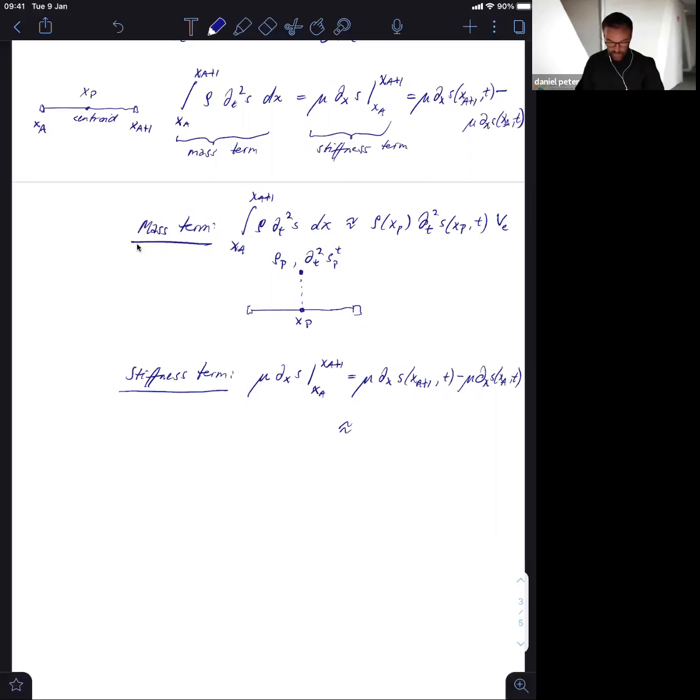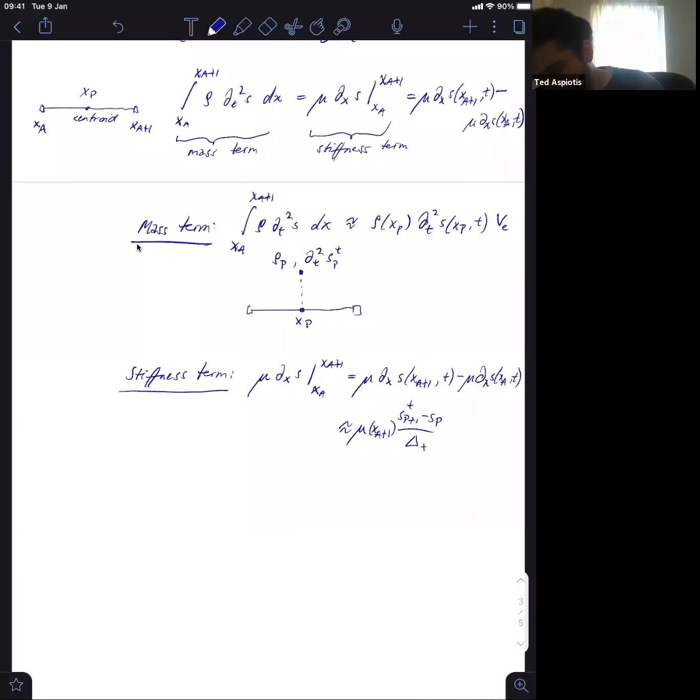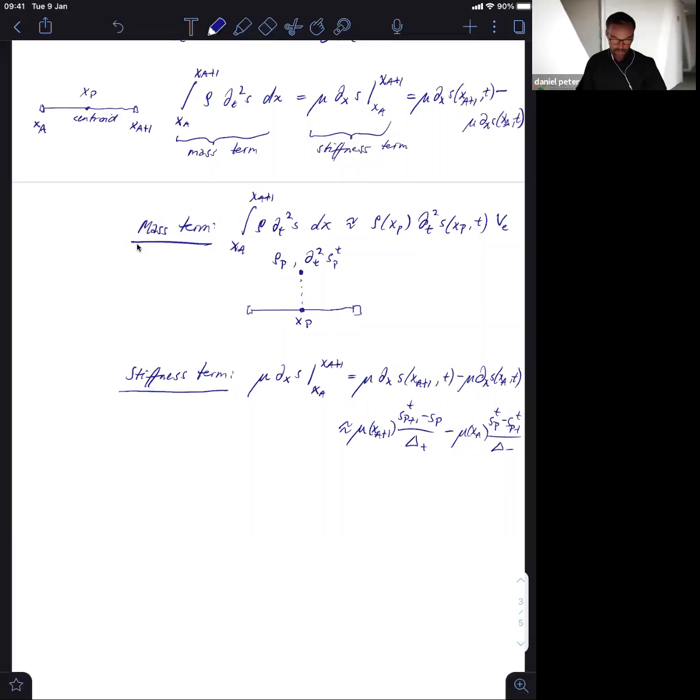And here again, we can just approximate this with the central difference approximation we saw from last time, where we have mu evaluated at xa plus 1, and then we have the central difference scheme sp plus 1 from the neighbor minus the value at the centroid divided by the difference to the neighboring centroid, and then xa times the same for the other boundary where we have the neighbor p minus 1, and the difference would be delta minus.